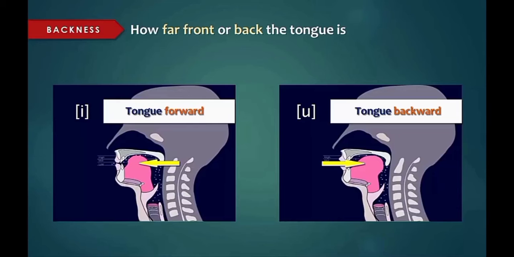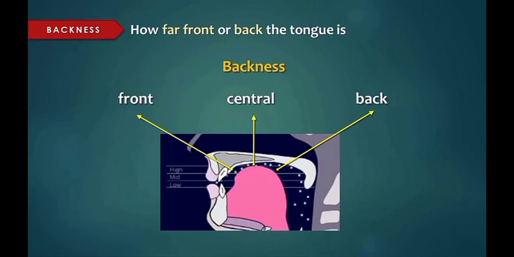Backness refers to how far front or back the tongue is when producing the vowels. As with vowel height, this can be tricky and take some practice, but consider the vowels E and U. If you say these vowels in succession, you may notice that your tongue is moving forward and backward as you say E, U, E, U, E, U. In terms of backness, vowels are either considered front, central, or back.